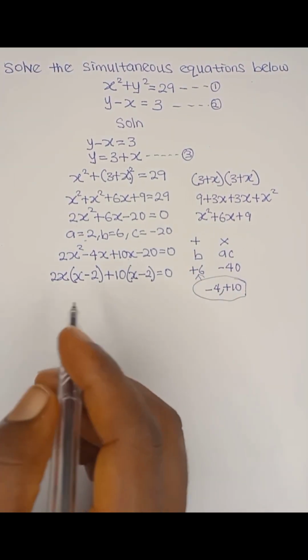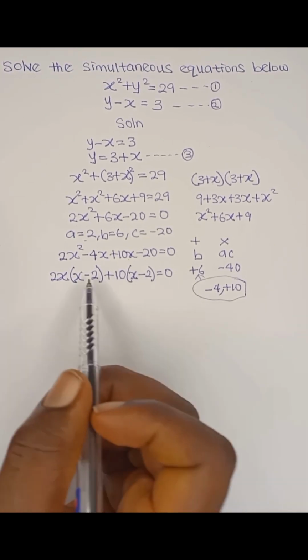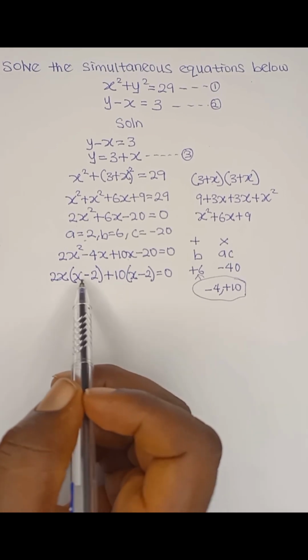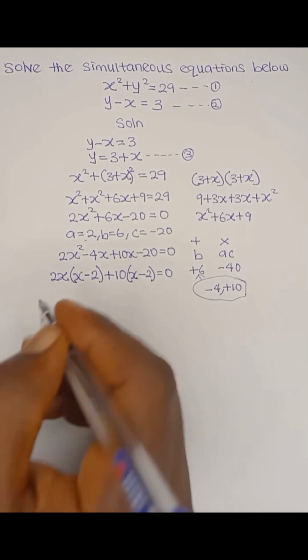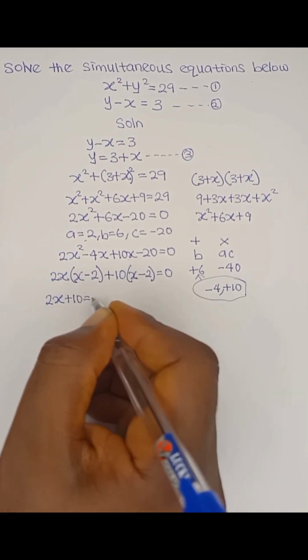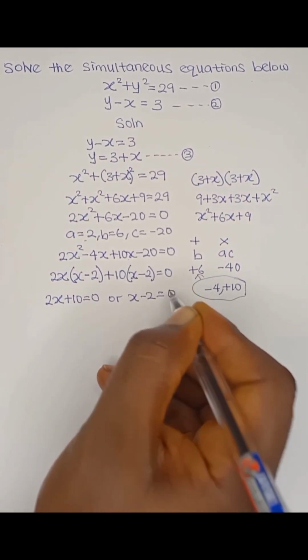That means the values outside the bracket equal 0 and the values inside the bracket equal 0. Since the two values inside the bracket are the same, we can just equate one of them to 0. This means 2x plus 10 is equal to 0, or x minus 2 is equal to 0.